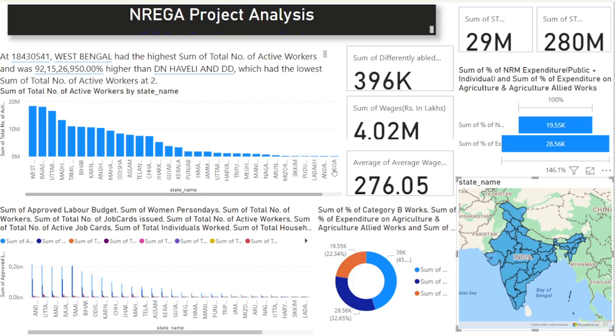Total number of job cards issued and average days of employment. Average of total number of households that completed 100 days of wage employment for different districts. Total number of job cards issued for different states. Total number of job cards issued and average days of employment.